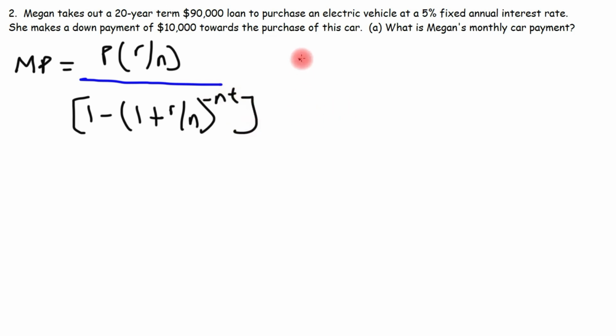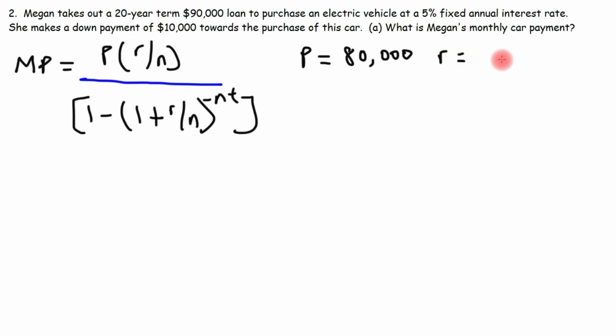So let's write down what we know. What's the value of P in this problem? P is the principal. Now, she took a $90,000 loan, but she made a down payment of $10,000. So when the process begins, the balance of her loan is going to be $80,000. It's $90,000 minus $10,000. So she's going to start with a principal balance of $80,000.